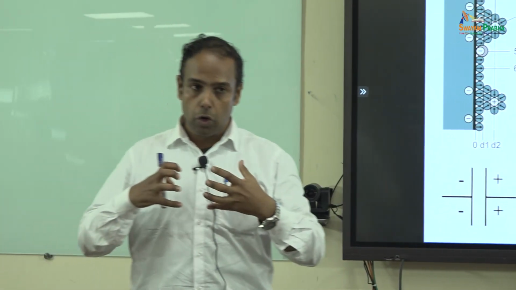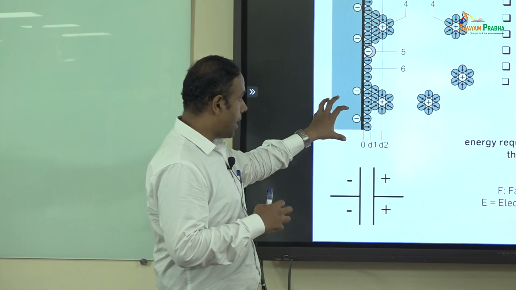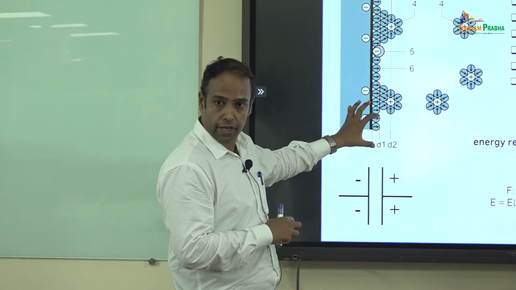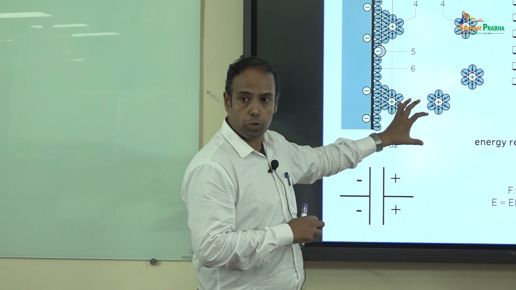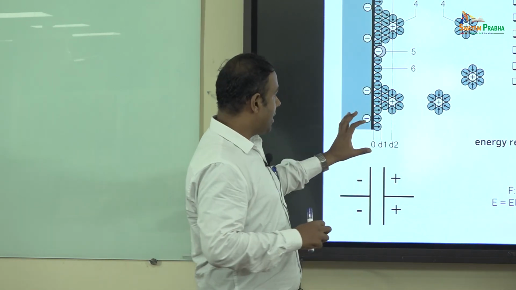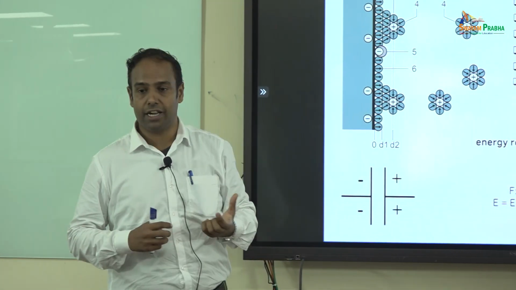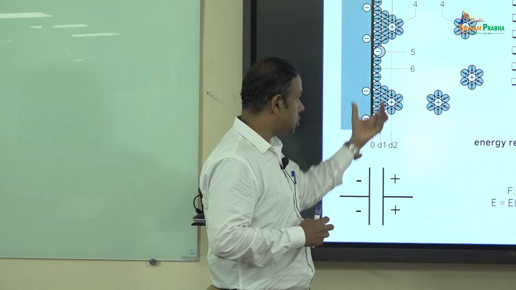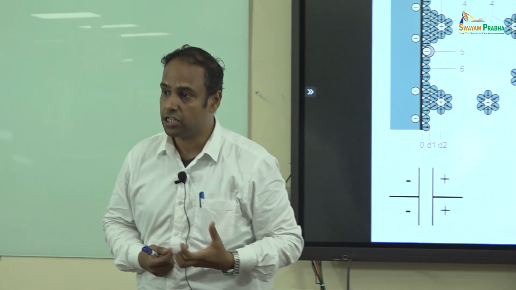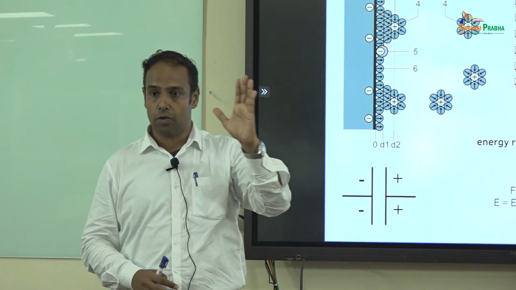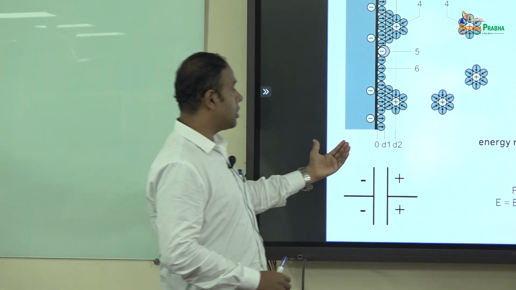Now, if I look closely, I have a metal atom which has to move from this surface into the solution as a metal ion. It has to overcome this electrical field, or the potential gradient, generated at this interface. If I assume this is plus and this is minus, we know plus is always the higher potential and minus is the lower potential.